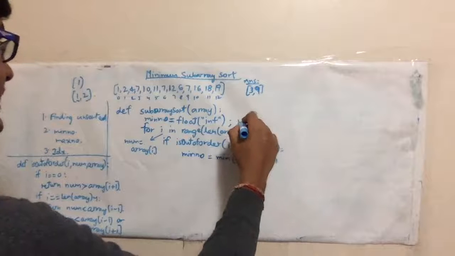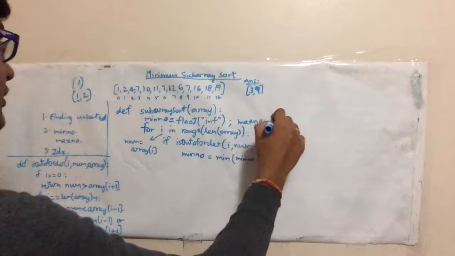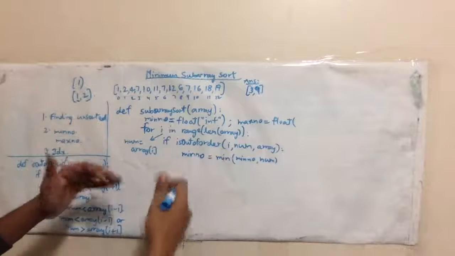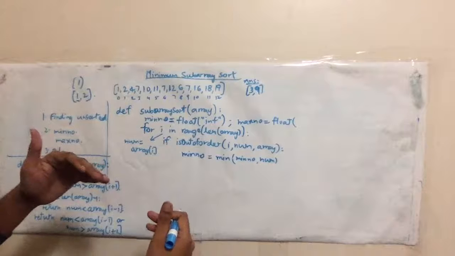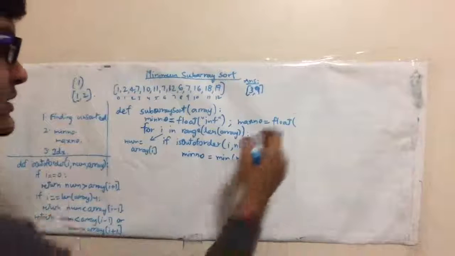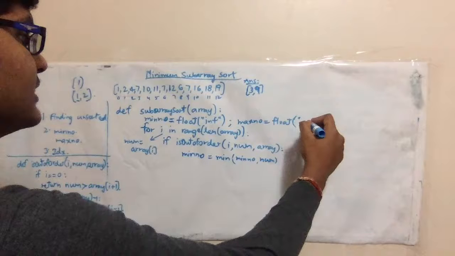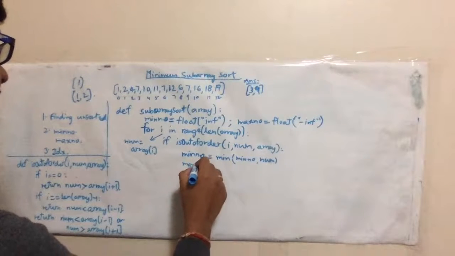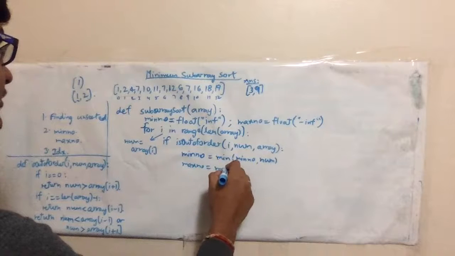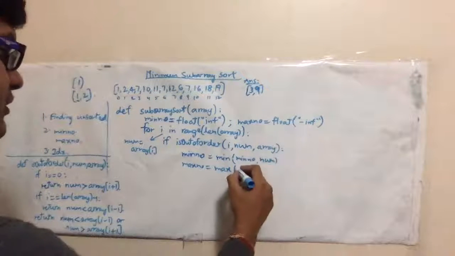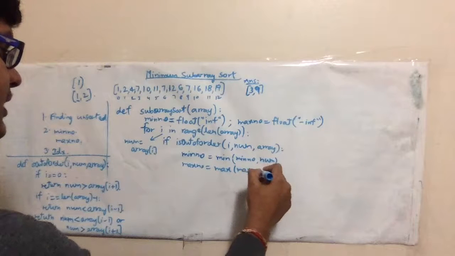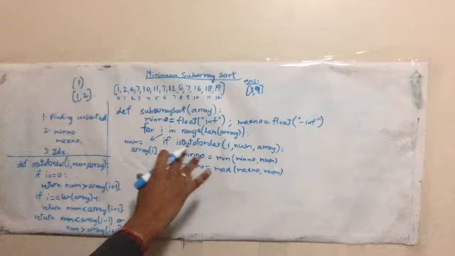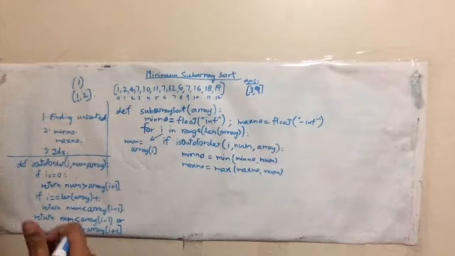So max number is equal to, as a base case we need a very small number, so I will take this as negative infinity. So max number is equal to max of the already existing max number and the number. So here it will get the minimum number and the max number.